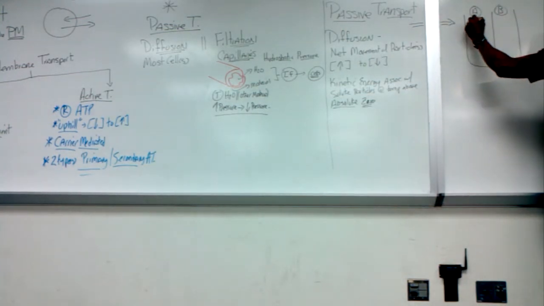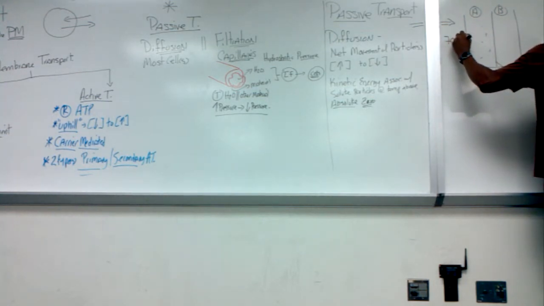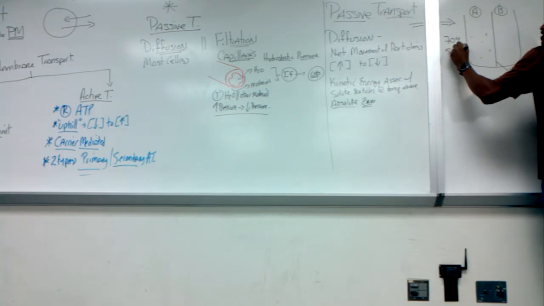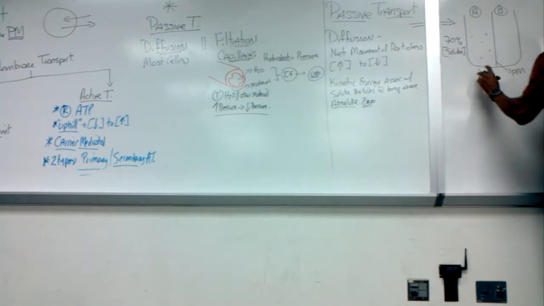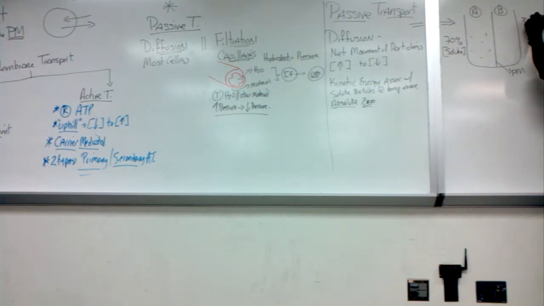We have a 70% solid concentration on A. We have a 30% solid concentration on B. We set the parameters that the plasma membrane is permeable to the solute.